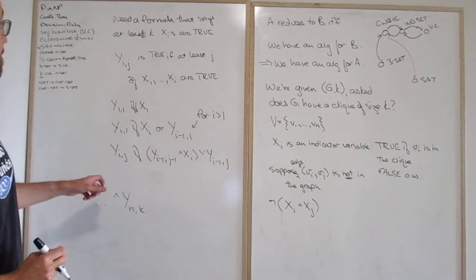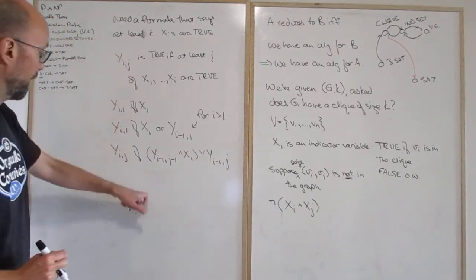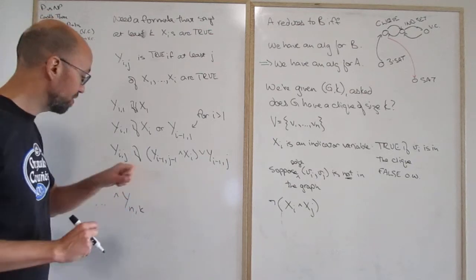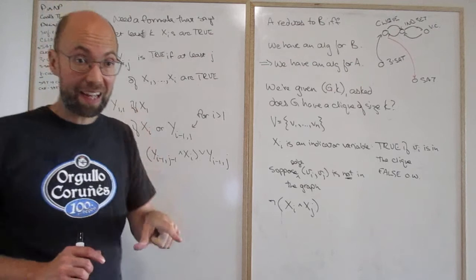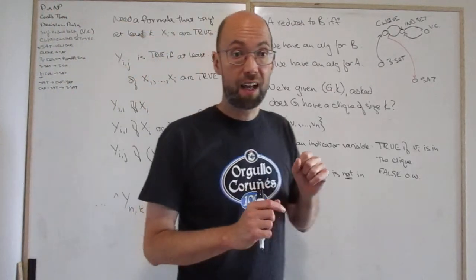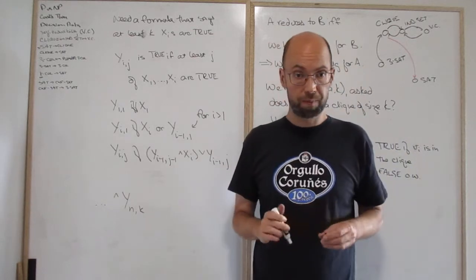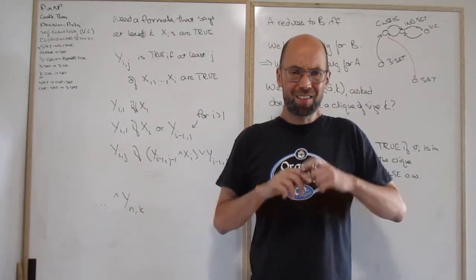So I'm appending this to my formula, saying that at least k of my n indicator variables are true. So this is not too hard.